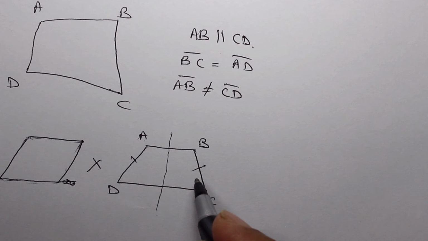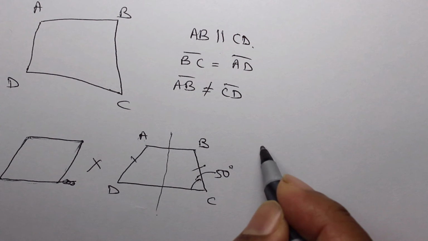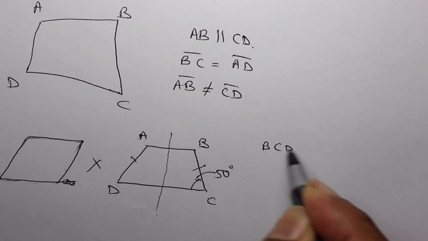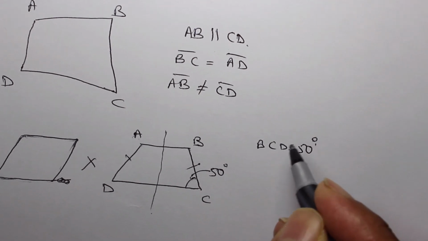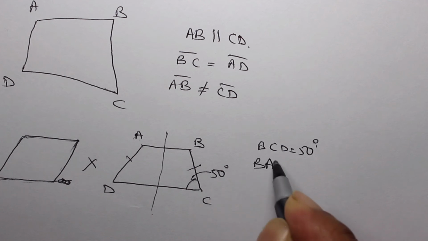And what they have given now is that angle BCD is 50 degrees, right? And what we need to find is BAD.